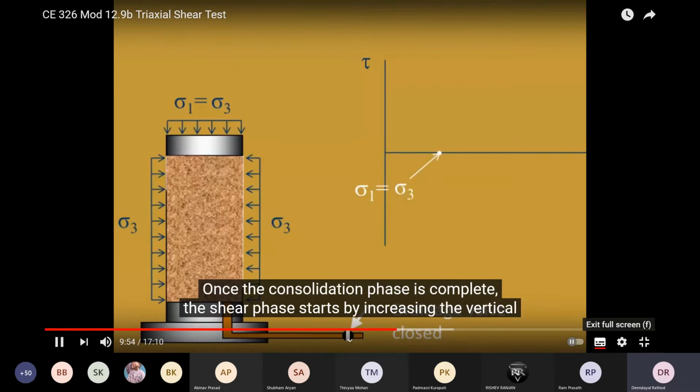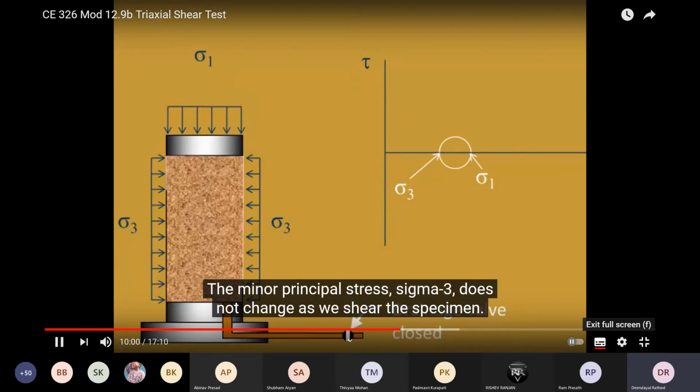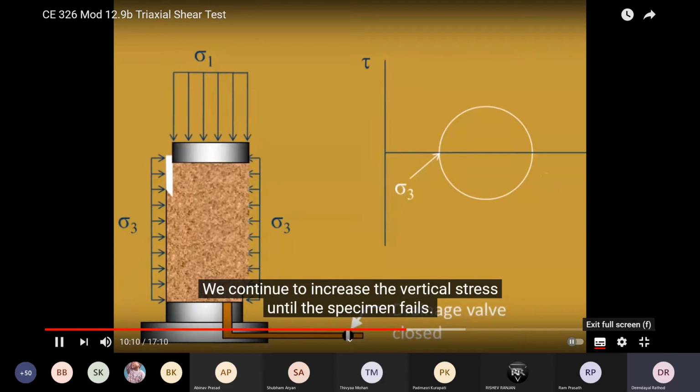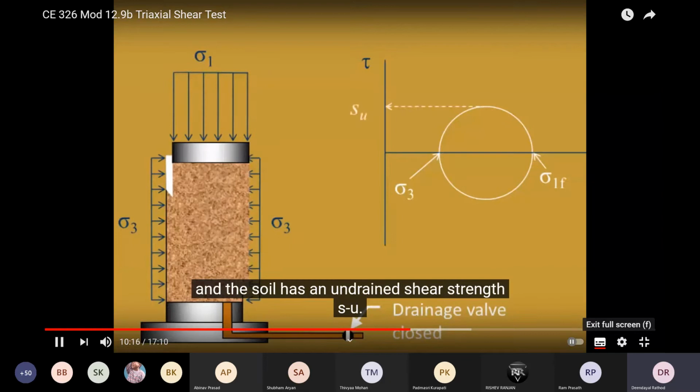Once the consolidation phase is complete, the shear phase starts by increasing the vertical stress applied to the specimen. The minor principal stress, sigma 3, does not change as we shear the specimen. We continue to increase the vertical stress until the specimen fails. Again, the maximum principal stress at failure is sigma 1f, and the soil has an undrained strength, SU.